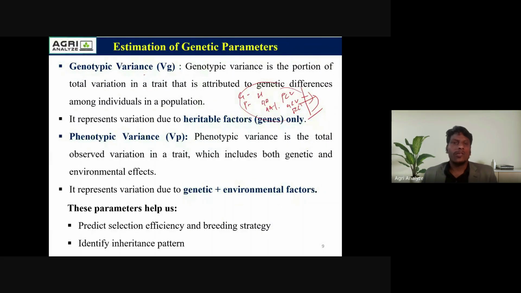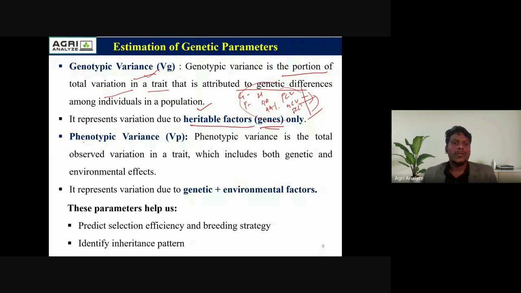Coming to the genotypic variance, it is the portion of the total variation in a trait that is attributed to genetic differences among the individuals in a population. Genotypic variance covers the heritable factors, genes only. It shows how much percentage is transferred to the offspring.